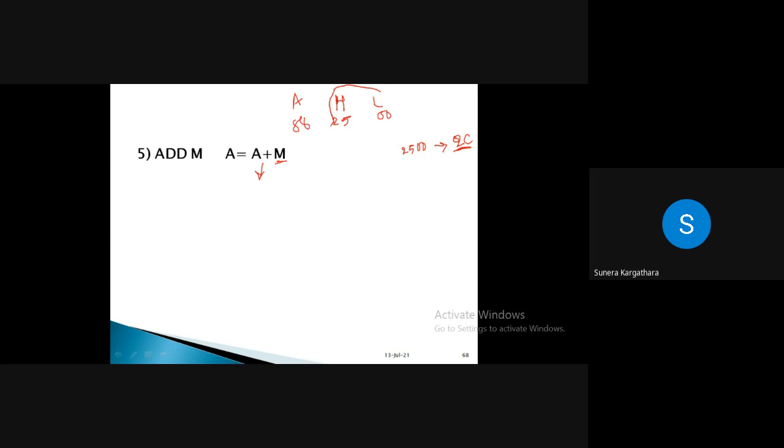So HL pair contains 2500. So 2500 location's content, which is 2C, will be added with accumulator. Okay. What is the result? So inside accumulator, the addition result will be there. What is that result? 88 plus 2C is 1, 1, 0, 4B, B4. Okay. What is 88 equivalent binary?